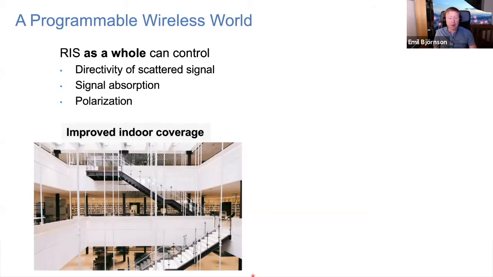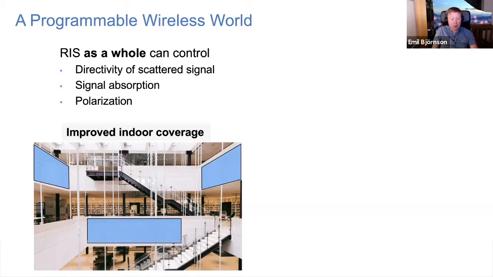And here's some example of things you could potentially do. So here is our library at Linköping University. And we know that if you're working in millimeter wave communication, for example, the signals are not propagating very well through different materials. And you might have users at these different floors here. So what if you put up a base station at the top? And then in order to make sure that the signal gets spread into the different floors, you could put up these type of surfaces at different places.